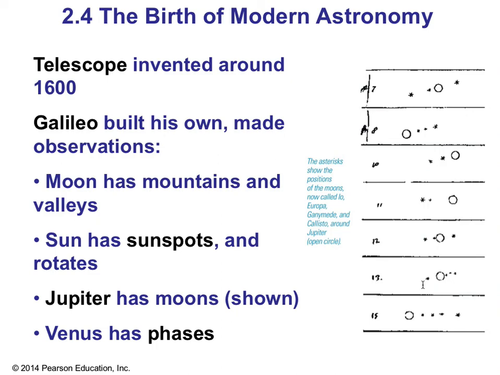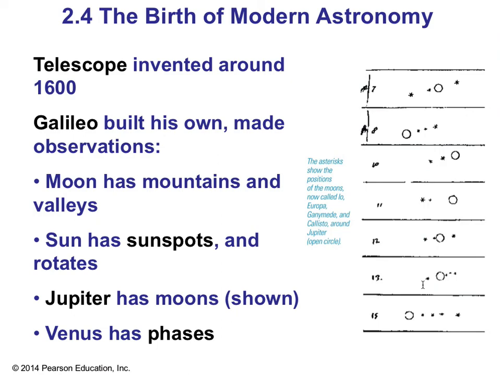Moving on to the introduction of modern astronomy, and that began with the invention of the telescope. So Galileo built his own, and he made a few observations that were essential to the study of astronomy. He discovered that the moon had mountains and valleys, that the dark parts of the moon were not filled with water.